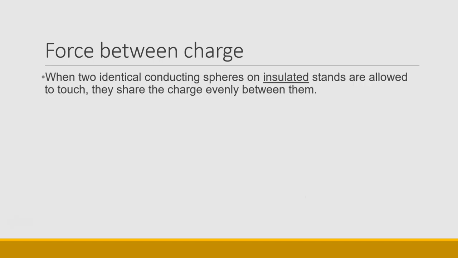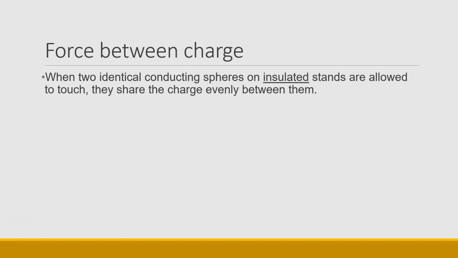Now, when it comes to forces between these charges, recall that like charges repel and unlike charges attract. When we consider these conducting spheres, if we have two conducting spheres that are negatively charged, they will obviously repel each other.